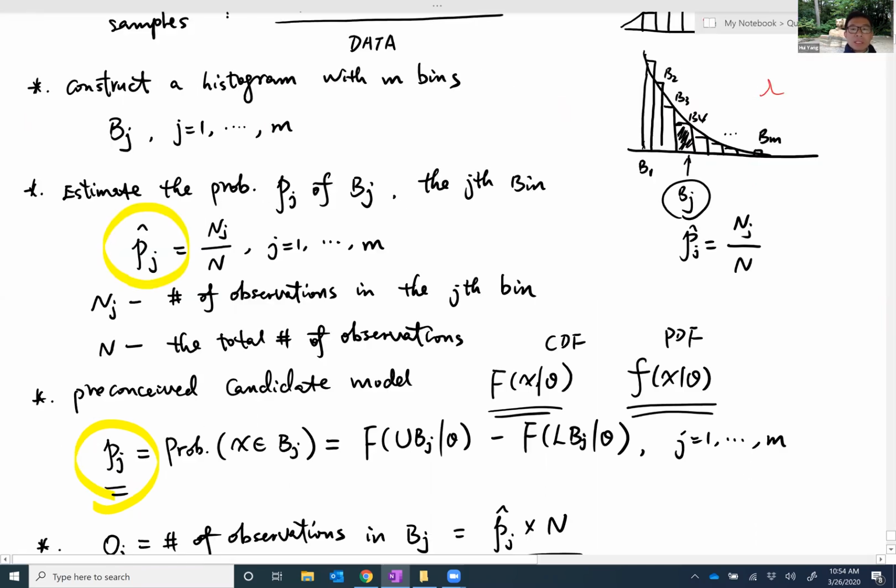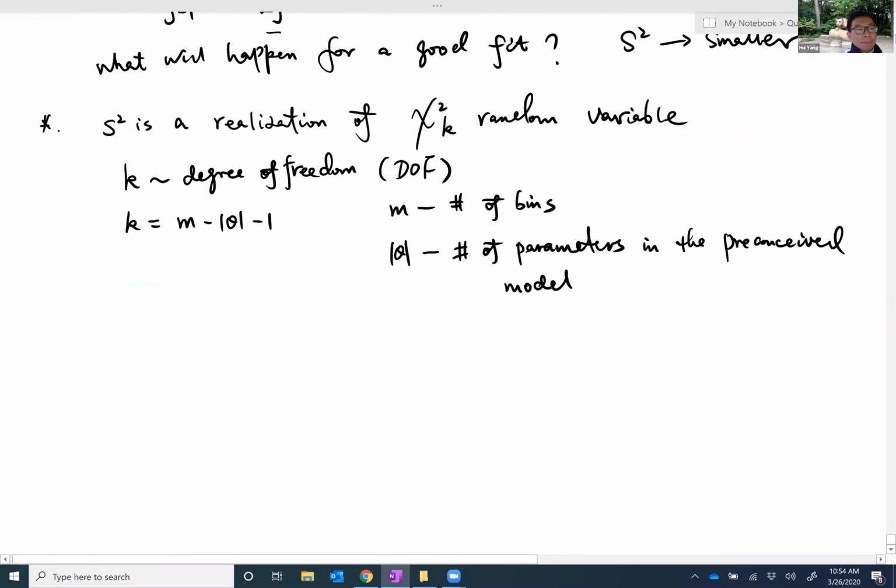Okay, now let's get back. We're going to define the p-value of chi-square. I'm going to use the goodness of fit test.